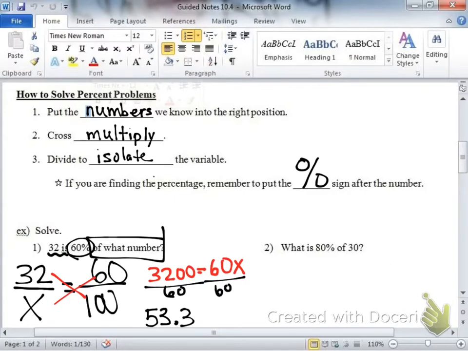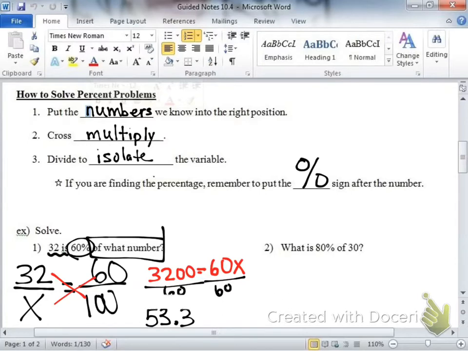If you have 3 followed by another 3, the next one is a 3, 3 does not make 3 go up. So you can just forget about that 3, leave it as it is. Remember, if the next number would have been 5, 6, 7, 8, or 9, we'd move the 3 up to a 4. But since it was between 0 and 4, we just leave it the same.